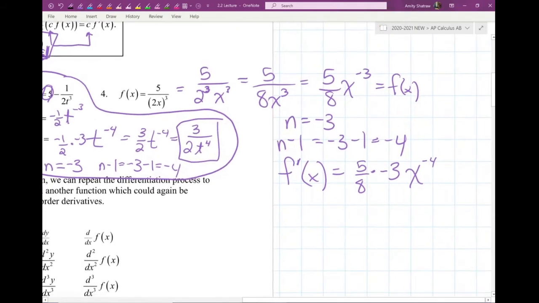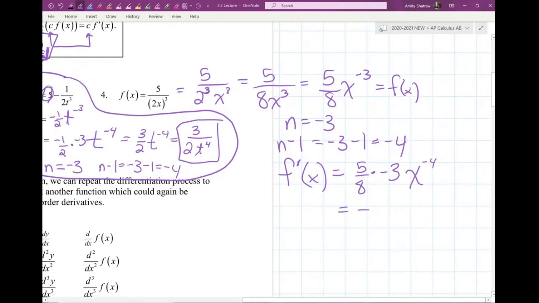And so if I try to simplify this, I will end up with -15 over 8 times x to the -4th, which is really the same thing as -15 over 8x to the 4th.